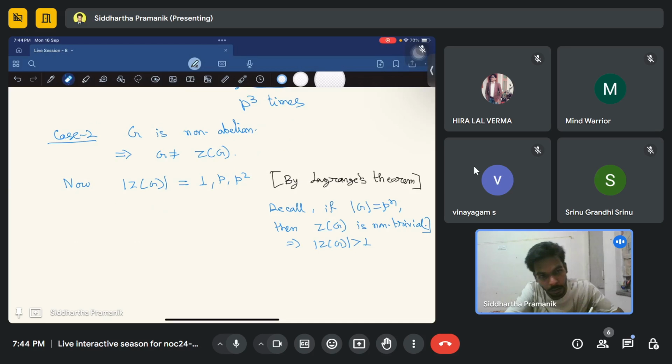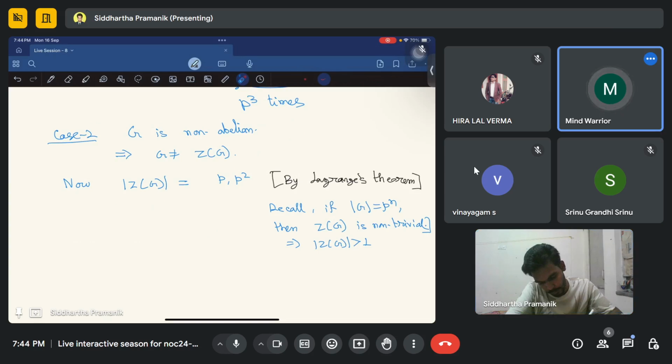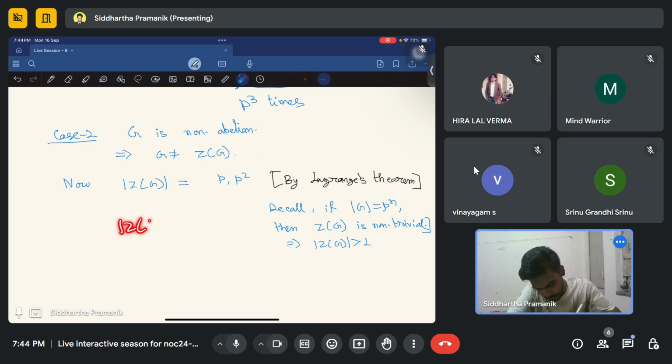So we have only two possibilities. Now can you be more specific? Is it P or P square? You are saying the order of Z(G) is P square. Actually it has to be of order P.